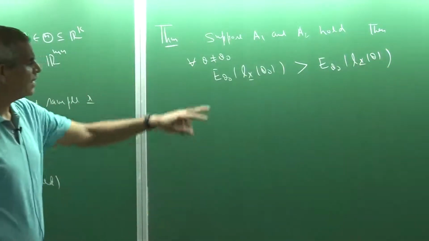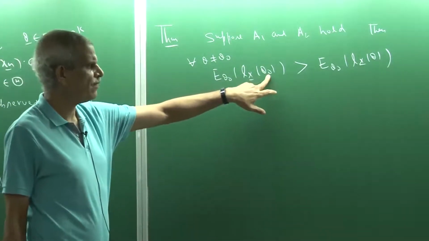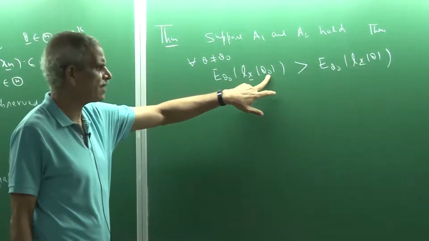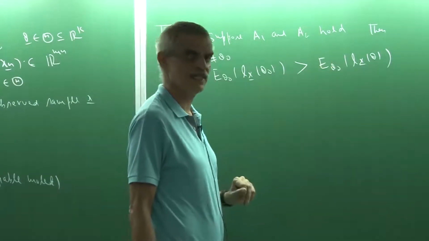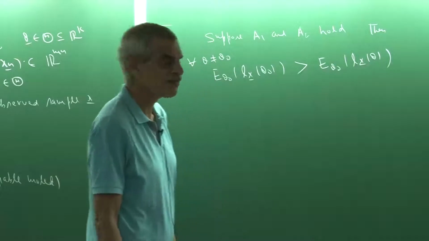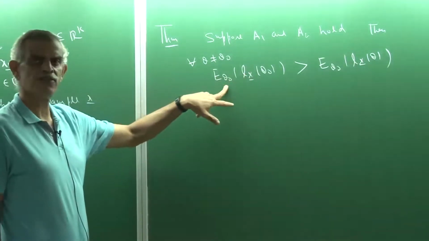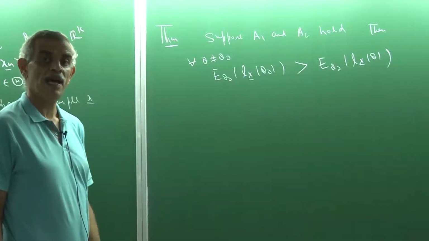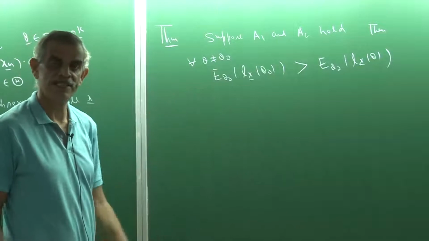So what it says is, if theta naught is the true value, then the likelihood function of x at theta naught is always bigger than the expected value of the likelihood function at any other point theta. So this in a certain sense suggests that if theta naught is the true value, then Lx theta would be maximized, in a certain sense in terms of expected value, at theta equal to theta naught.